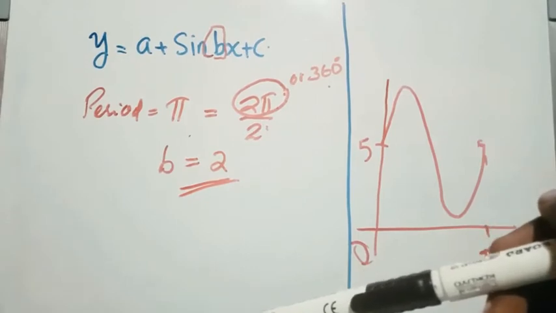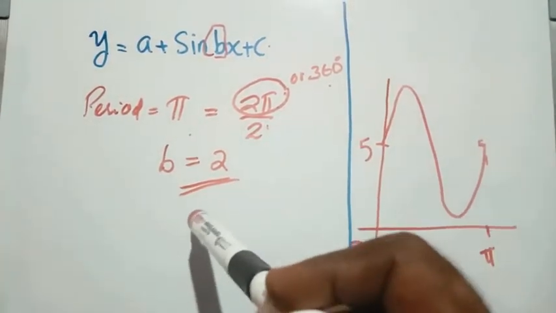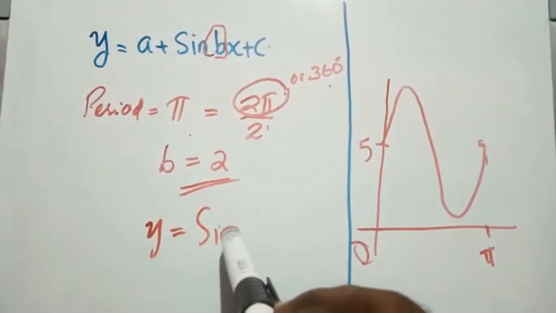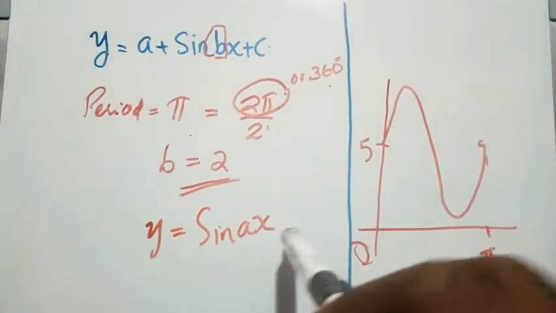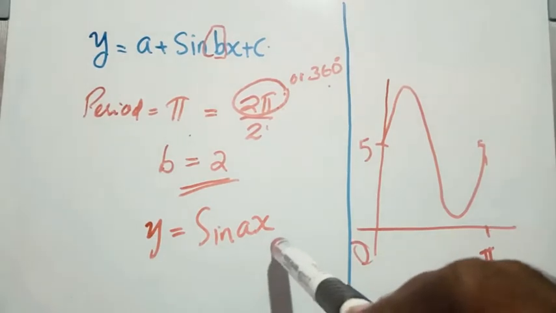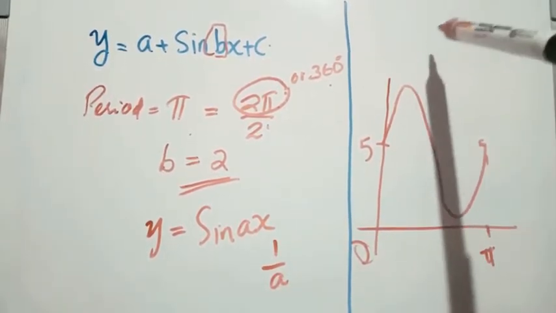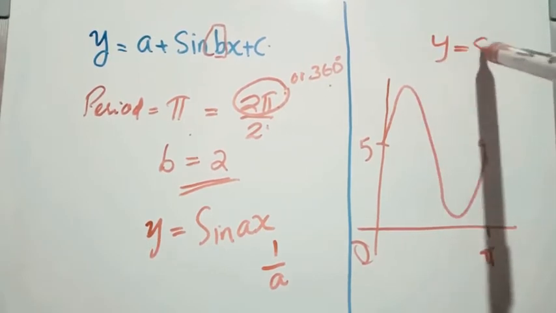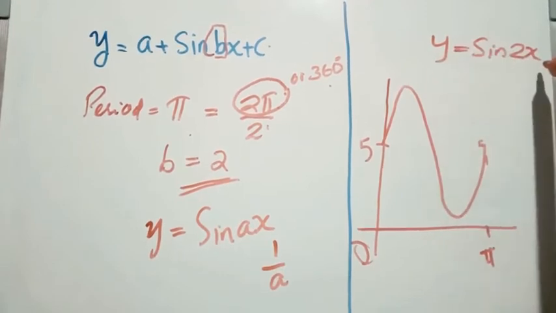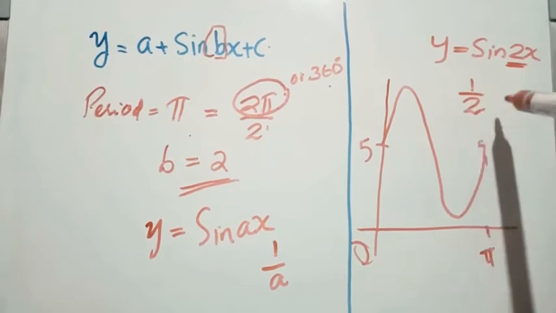Because remember the concept, horizontal stretch. y = sin(ax) represents a horizontal stretch with stretch factor 1 over a. So y = sin(2x) represents a horizontal stretch with a stretch factor 1 over 2.